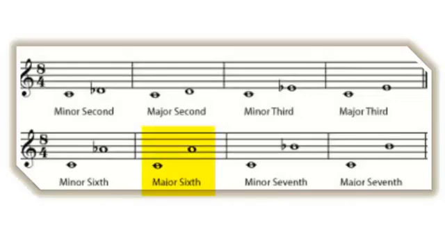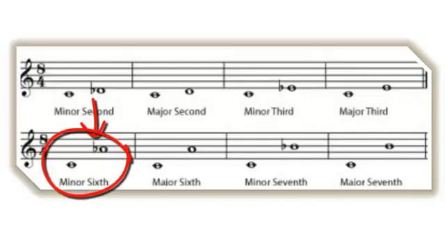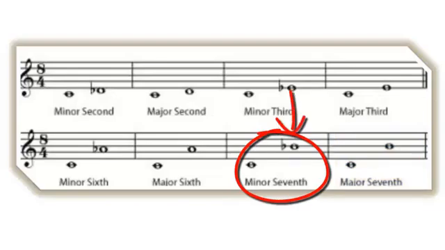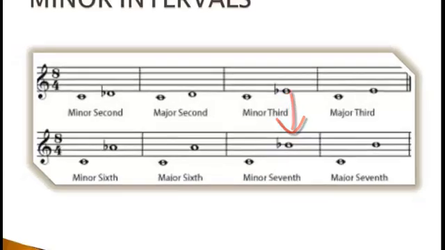C to A would be a major sixth. If we lower A by a chromatic semitone to A flat, then C to A flat would be a minor sixth. C to B would be a major seventh. C to B flat would be a minor seventh. And again, what we've done is lowered the B by a chromatic semitone.